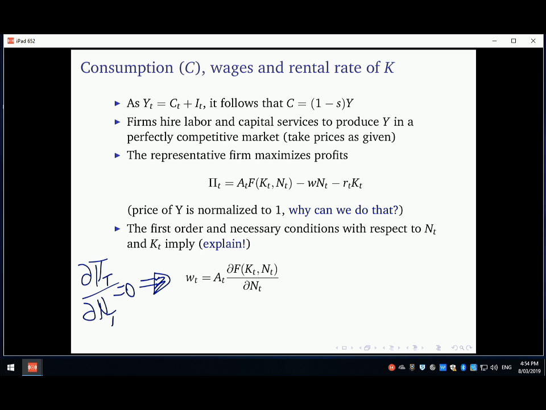That the wage equals the marginal product of labor. The right-hand side there is the marginal product of labor. Given that we are in competitive markets, suppose you're firms so small that you don't have any control over wages or the rental rate. What you can do is pick labor and capital optimally. And you do that until that happens.